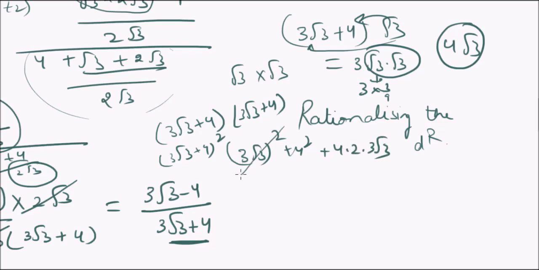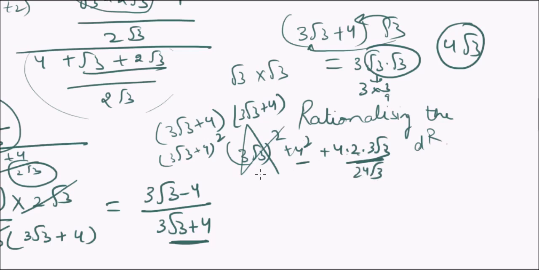Again, no doubt the under root part will get cancelled in the square terms, but this term will still have the under root part, because 4 into 2 is 8, and 8 into 3 is 24. So the under root part will again be prevailing in this particular term.